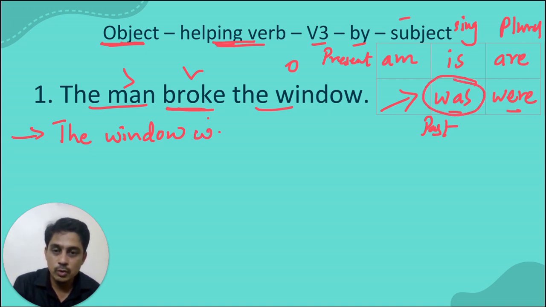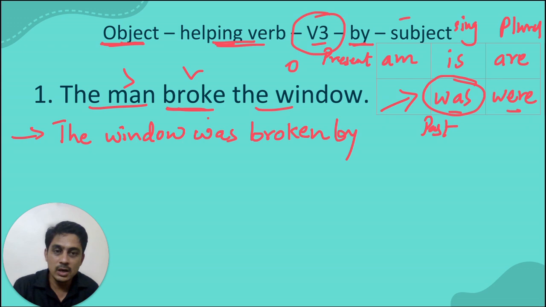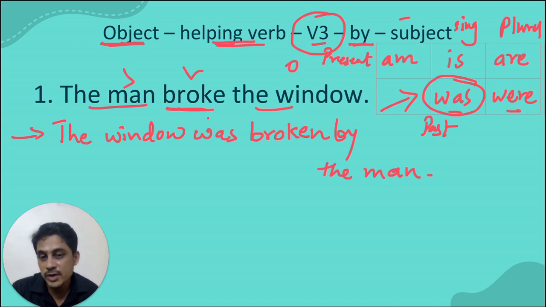The window was. Third form of the verb, that is past participle form of the verb. What is the past participle form of the verb? Broke, that is broken. Then we will write by and at last the subject. The subject is the man. So our answer is the window was broken by the man.